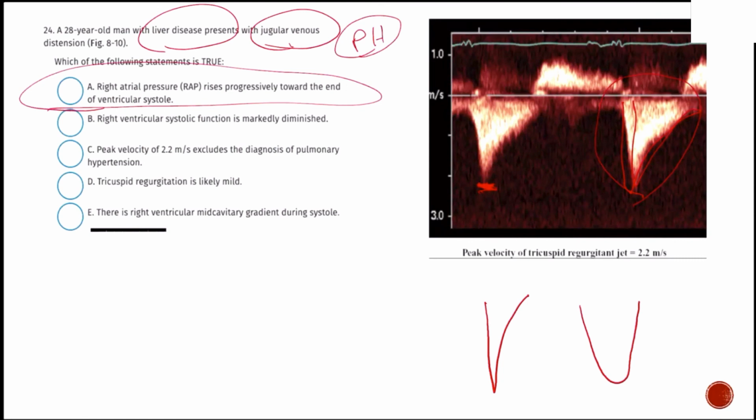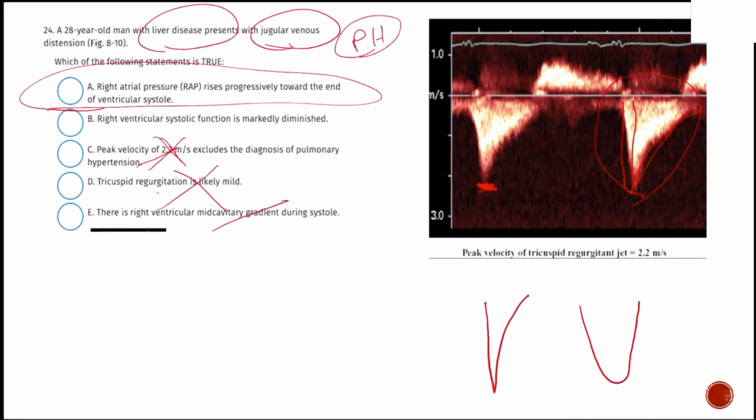So there's right ventricular mid-cavitary gradient during systole, no. Tricuspid regurgitation is likely mild. This is definitely no, right? Peak velocity of 2.2 excludes diagnosis of primary pulmonary hypertension. No, because remember, this is where it's less reliable because you have this equilibration in chamber, right?